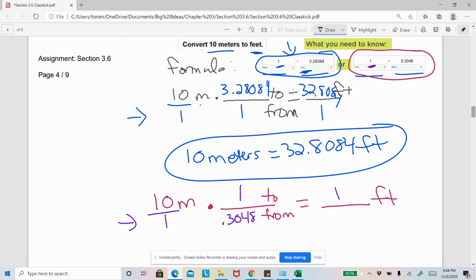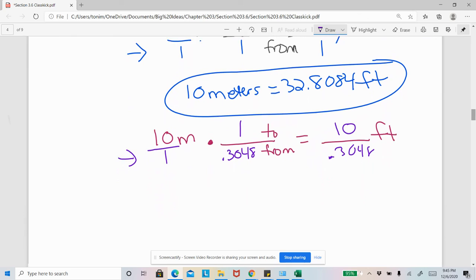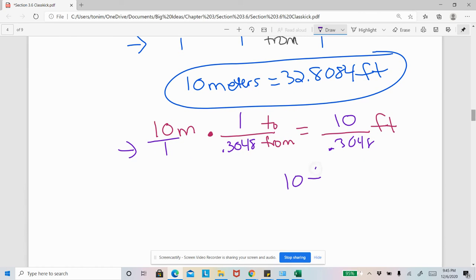So 10 times 1 is 10, and 1 times 0.3048 is 0.3048. All right, and that fraction line means division, so we're going to do 10 divided by 0.3048, okay, and you're going to get the exact same answer.